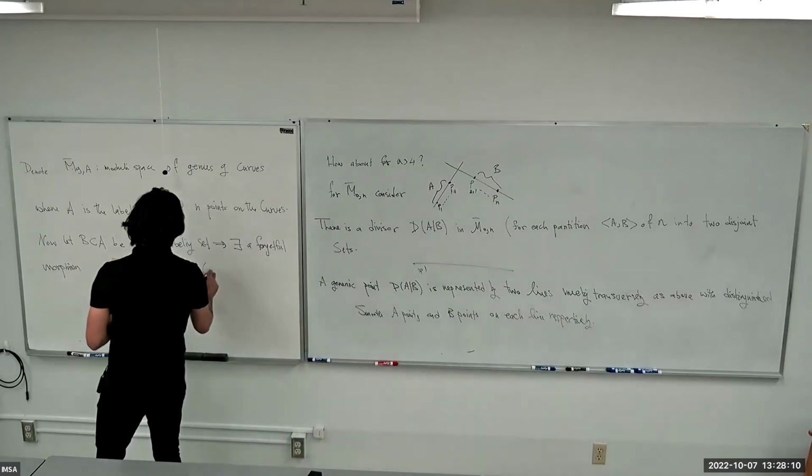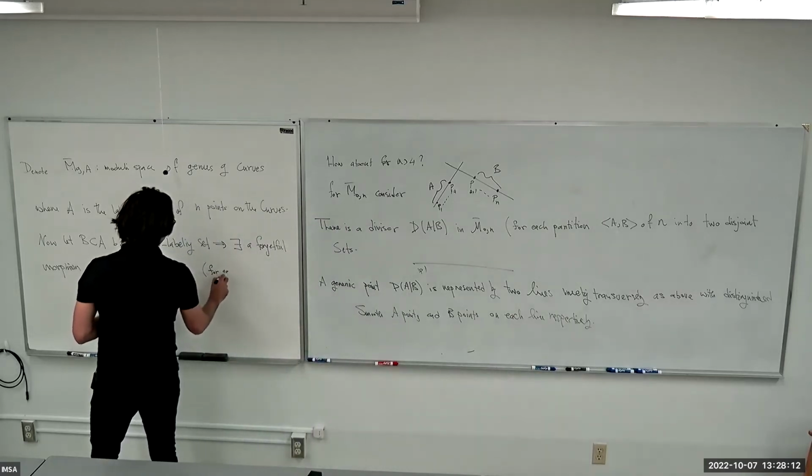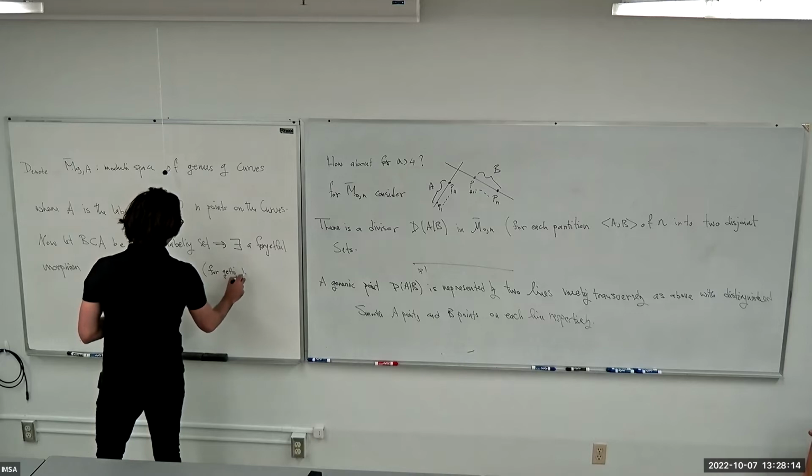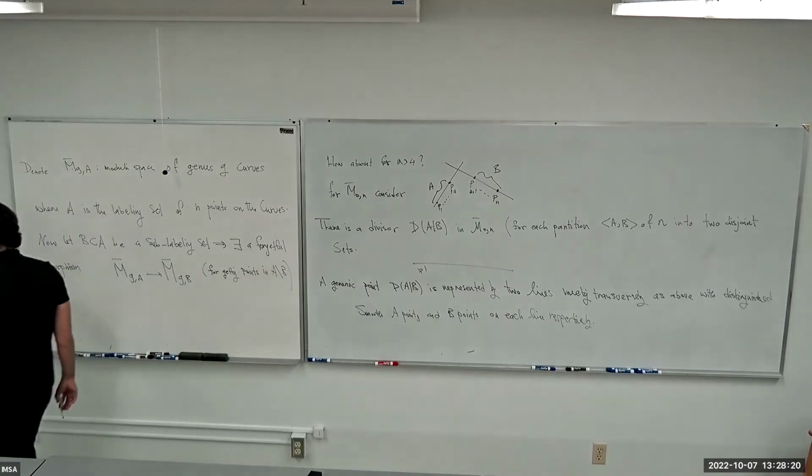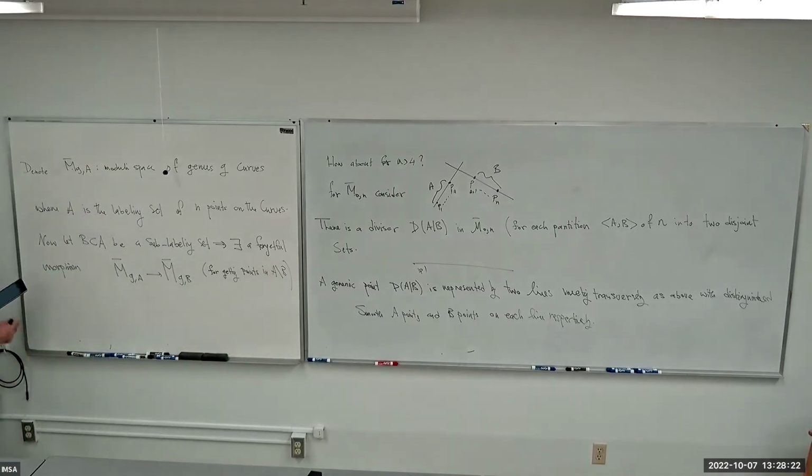So forgetting points in A minus B. Okay. On the open locus, so I would like to say, what does this forgetful morphism look like? All right?